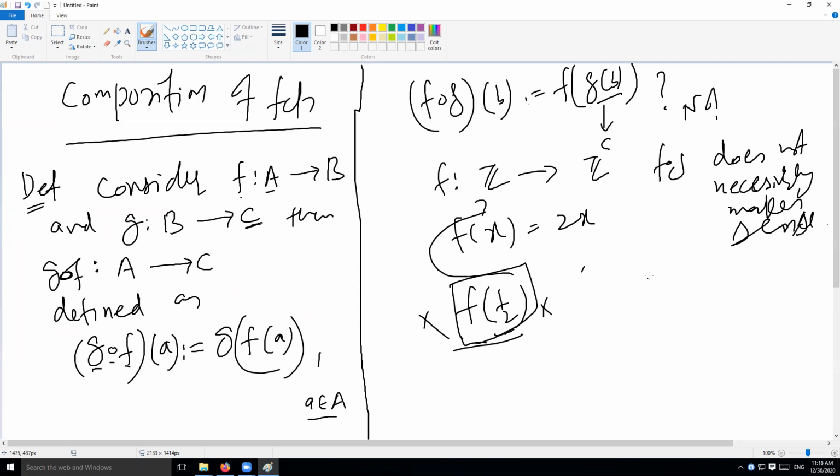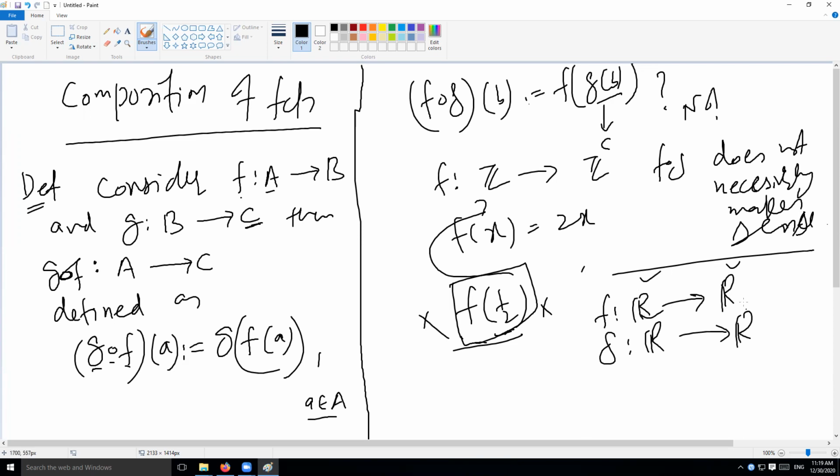But you don't care about this in calculus, because in calculus f is a map from R to R and g is also a map from R to R. All the sets are the same. So there is no trouble if you want to compute g composition f or f composition g. ठीक है? वहाँ there is no trouble in calculating it.